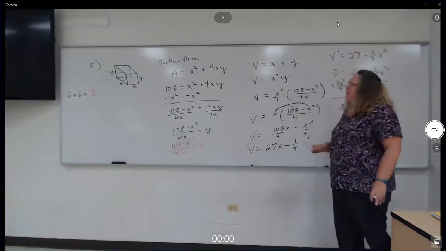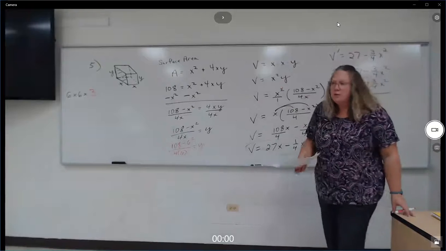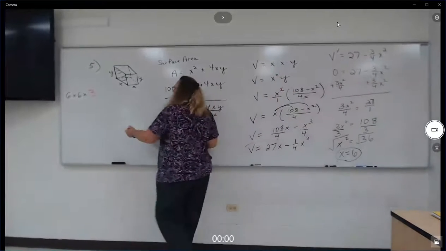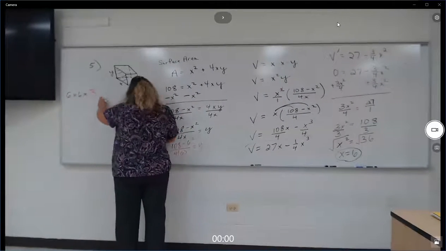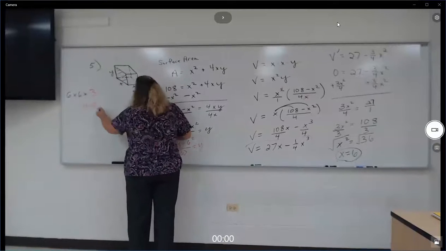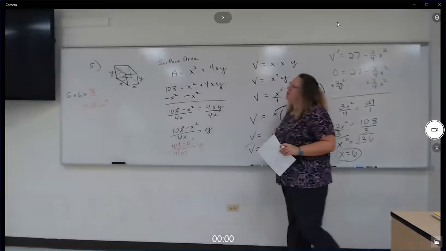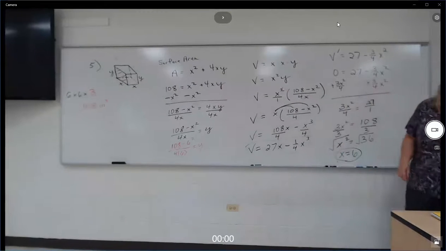And then, what is the maximum value? Okay, so those are the dimensions. And then you would just simply multiply 6 times 6 times 3, and that gives you 108 inches. And depending if they want the dimensions or the volume.